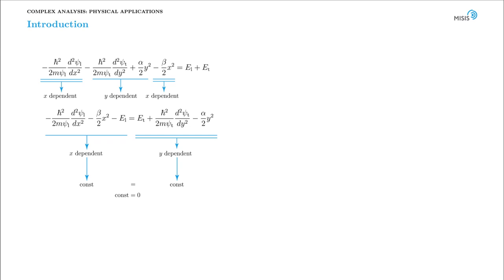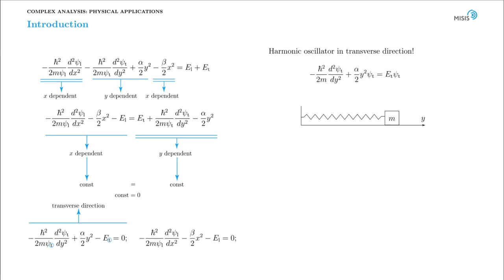As a result, instead of a single two-dimensional differential equation in partial derivatives, we now have two one-dimensional homogeneous differential equations. We see that the equation in the transverse direction is completely detached. The message of this equation is very clear. It is the simple one-dimensional harmonic oscillator Schrödinger equation.